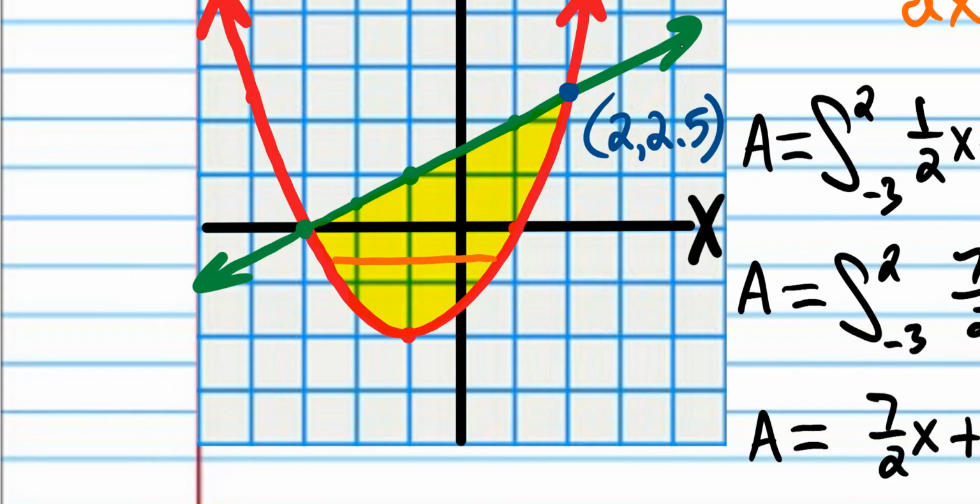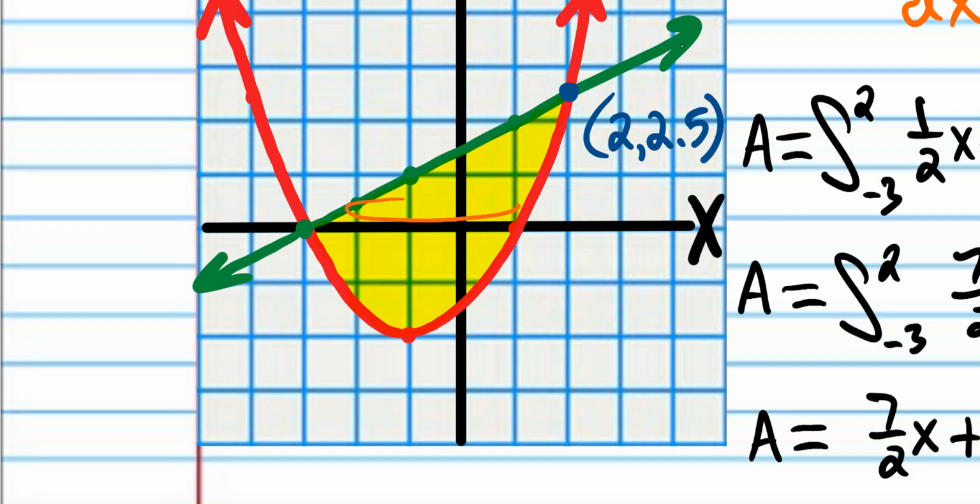So for example, if we're talking about this rectangle here, in order to calculate the height of that rectangle, you would have to find this x value and then subtract this x value, and that would give you the total length there. This length plus this length.